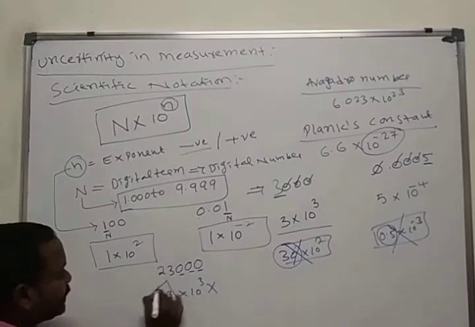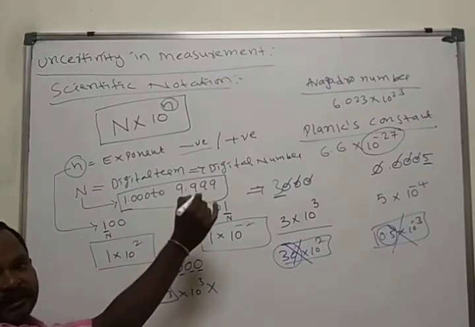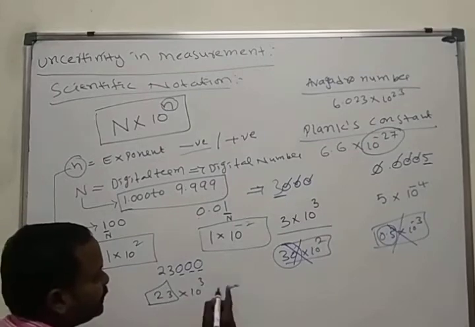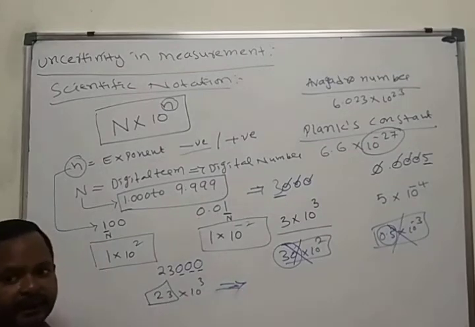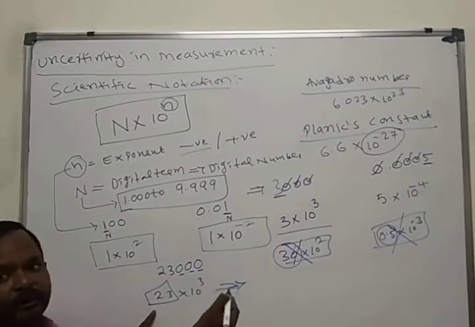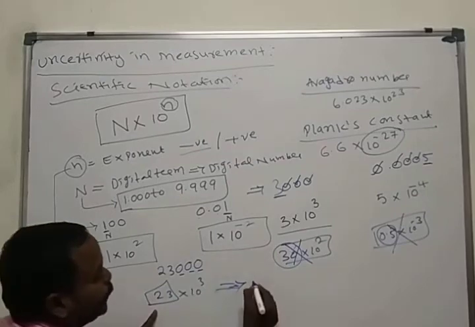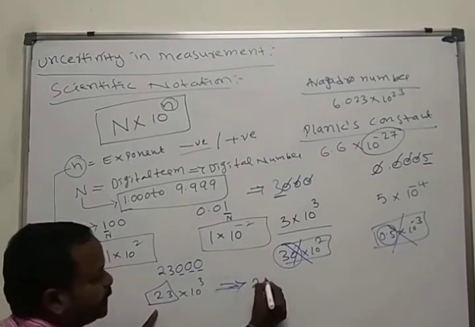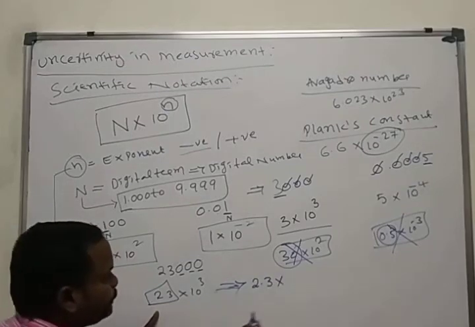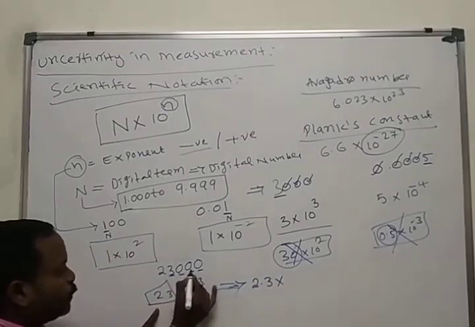Why? Because 23 is not between these numbers. So what should be right here? Increase one more term: 2, put a dot, 3, so 2.3, and here 1, 2, 3, 4.